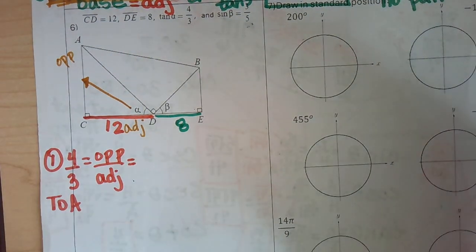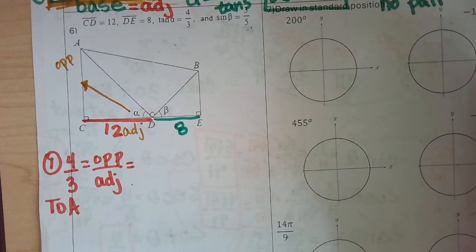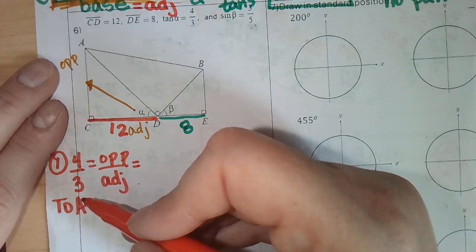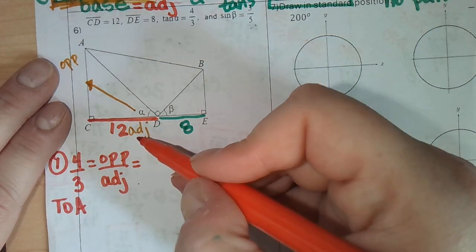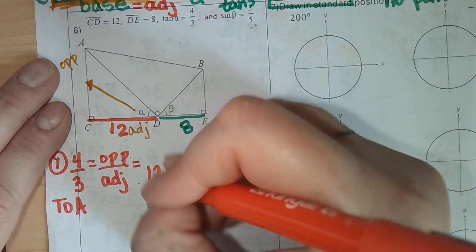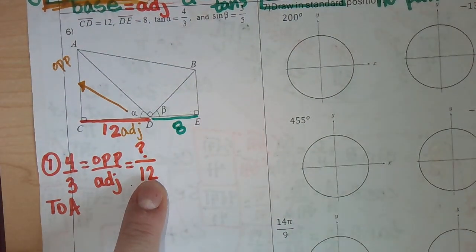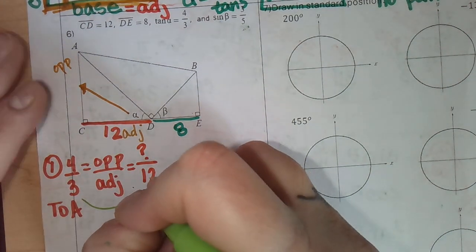So that means that this 4/3 is a reduced fraction. It's the aftermath of being reduced. So what we're going to do is we're going to say that 4/3 is equal to, we had an adjacent of a 12. So we're going to find the opposite. And we're going to just think about patterns. How do we get from 3 to 12?